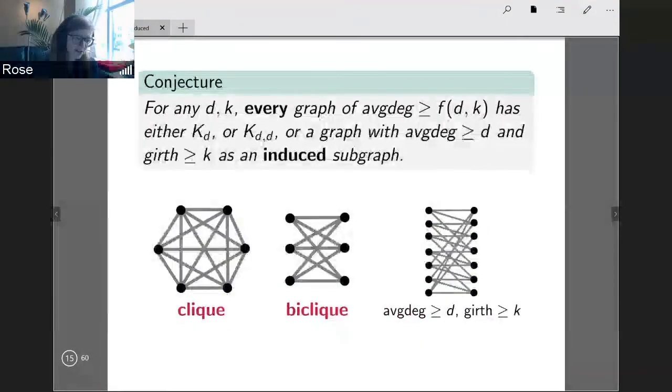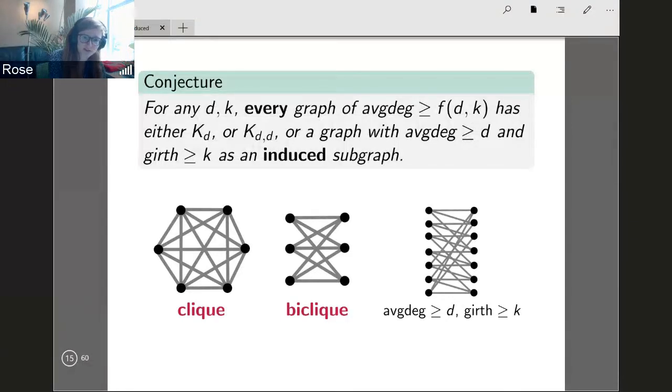So the main conjecture that I want to focus on today is that these are the only obstructions. That Thomassen's conjecture holds for induced subgraphs as long as you exclude a clique and a biclique. The more formal statement being that for any d and k, every graph of sufficiently large average degree as a function of d and k has either K_d, K_{d,d}, or a graph of average degree at least d and girth at least k as an induced subgraph.